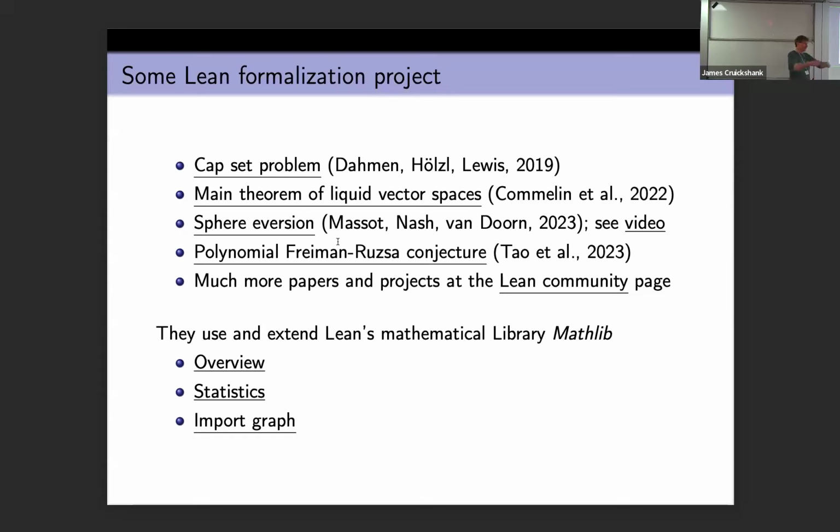Yes, lots of people formalized this complete paper way before it was refereed, and I think they also extended it and optimized some things. There are many more papers and projects, ongoing and finished, on the Lean community page, so definitely take a look at that.